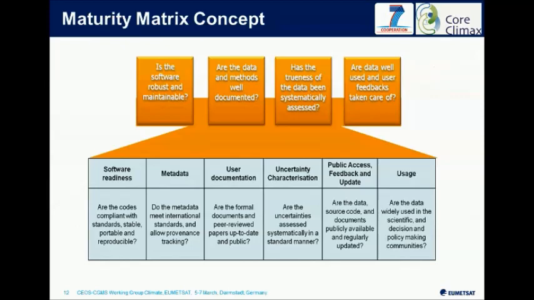And then the next question is, are the data and methods well documented? That's very important for the user. The other question is, has the trueness of the data been systematically assessed? The trueness of the data can be assessed by doing validation and estimating the uncertainties. And then, are the data well used and the user feedback taken care of?